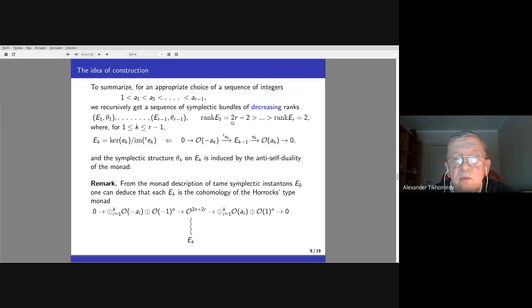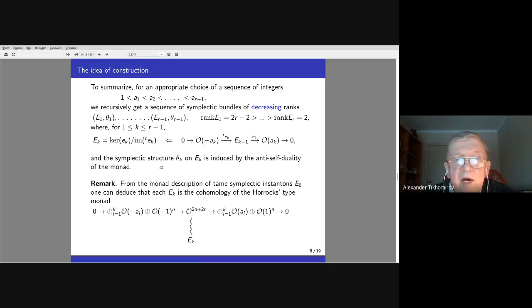The rank of E1 is 2r minus 2, and for the last one, the rank of E_r is 2. So on each step we obtain a symplectic vector bundle as the cohomology of the monad obtained on the previous step.